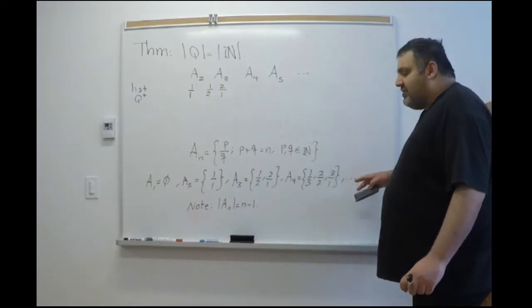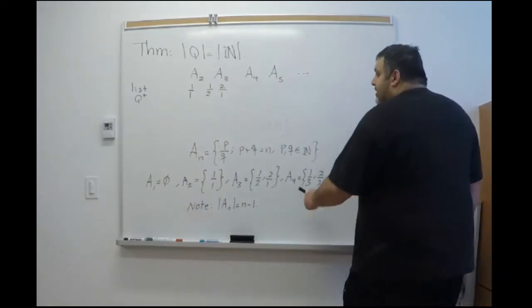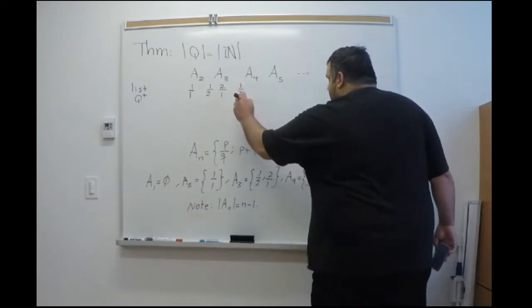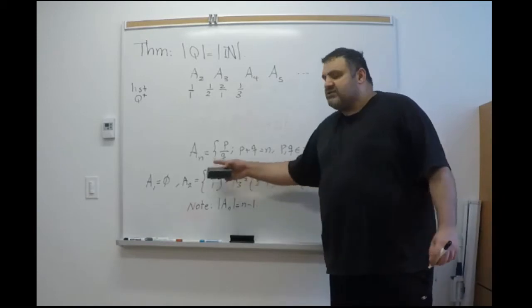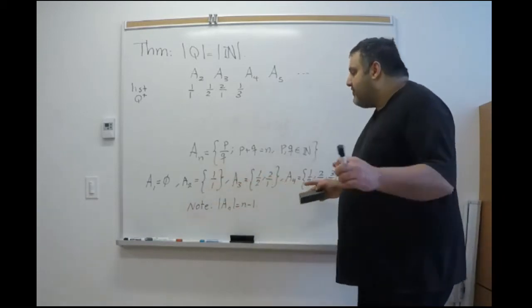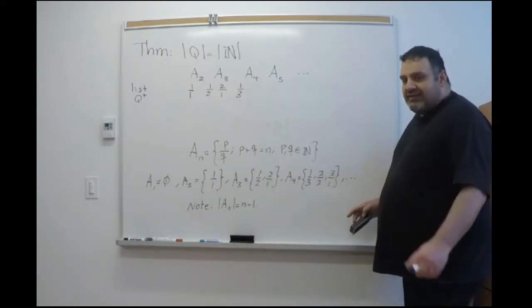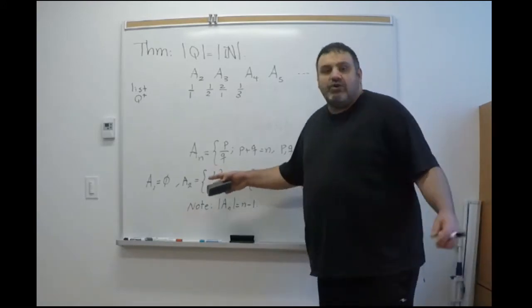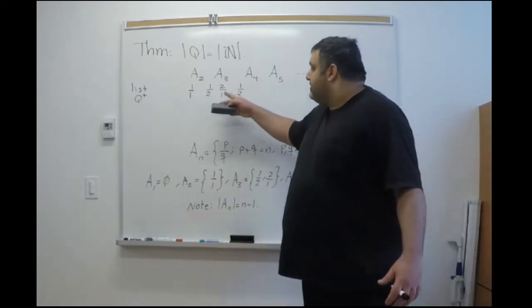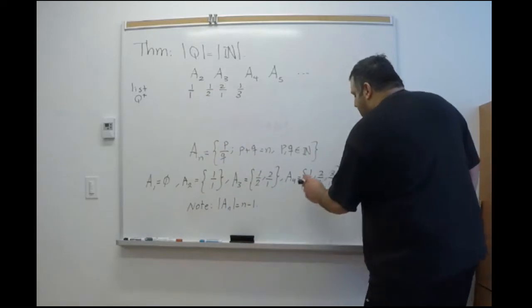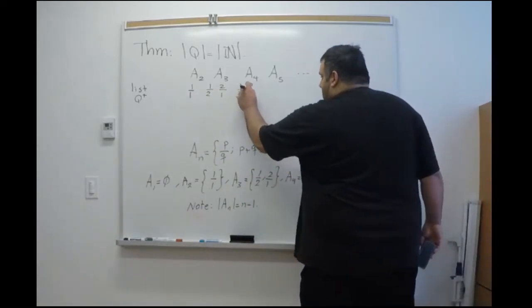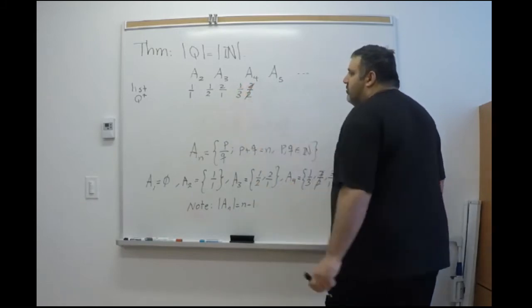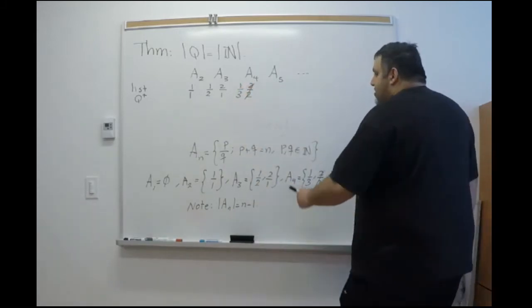I'm just going to show you how this is picked in a second. A4 has 1 over 3. Now notice it also has 2 over 2, but 2 over 2 is the same as 1 over 1. So if the rational number you get is not new, that is, it has already occurred before, then you just cross it out and you don't put it in. So this 2 over 2, you don't pick it. Then you have 3 over 1.